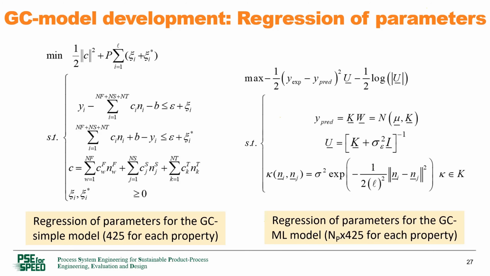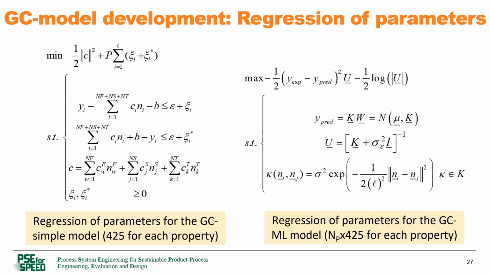If we do machine learning, we are doing some kind of maximum likelihood. So we are maximizing the objective function, but we have a negative, so it's going towards the negative direction. To calculate the predicted value, you can see Y predict, we multiply a matrix K with a matrix W, and these are the weights and the covariance of the differences.